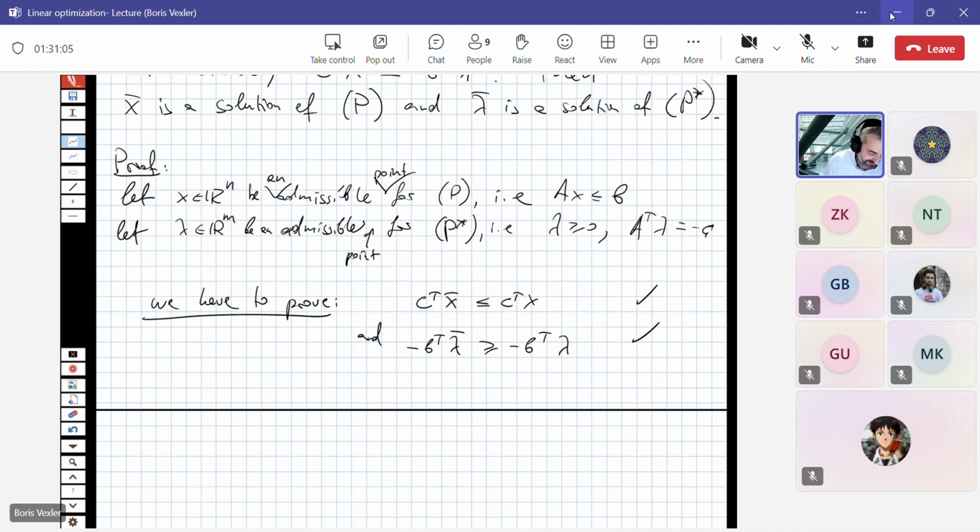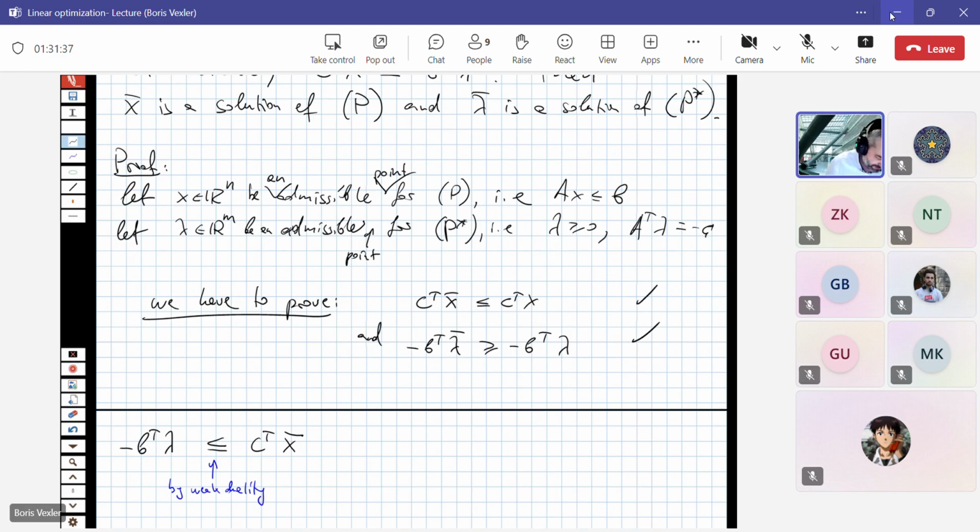Now let us calculate this. We calculate minus B transpose lambda. We know that this minus B transpose lambda is less or equal than C transpose X bar by weak duality. Weak duality gives us this inequality always between admissible points, and lambda is admissible for the dual problem, X bar is admissible for the primal problem.